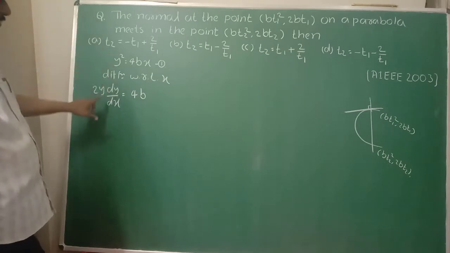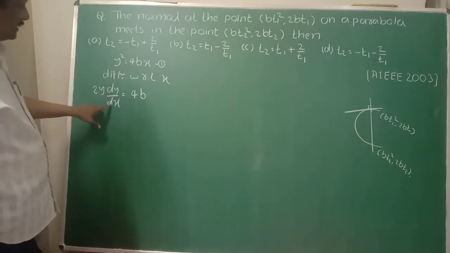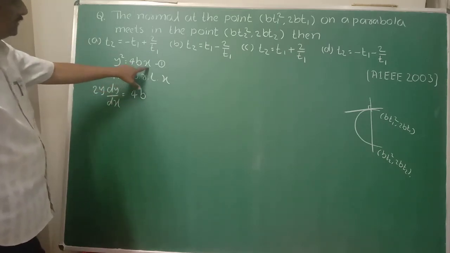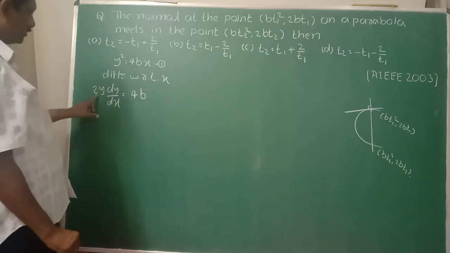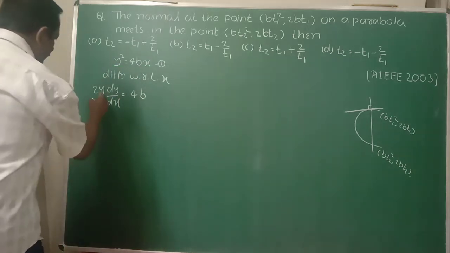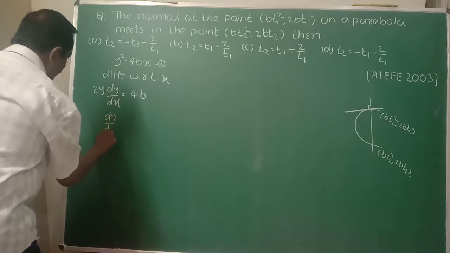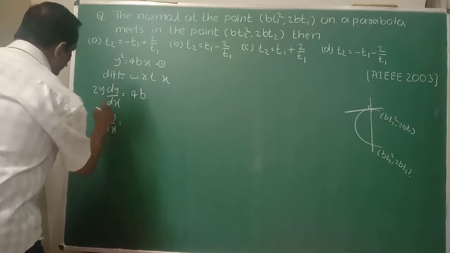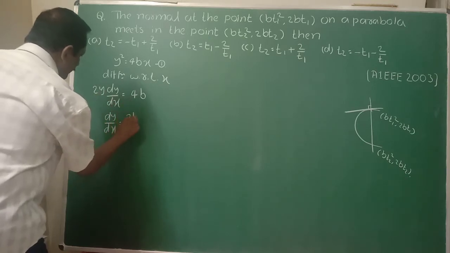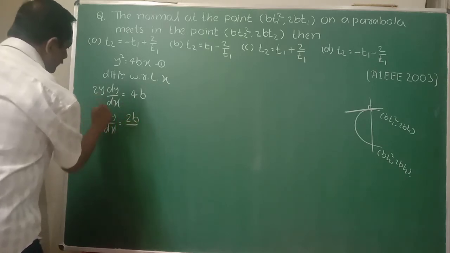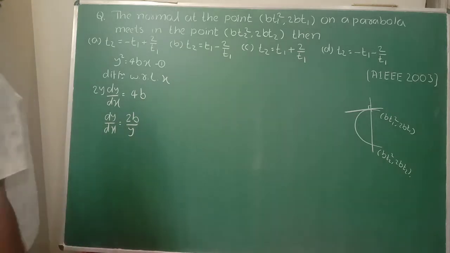Y square differentiates to 2y into dy by dx, is equal to 4b into the differentiation of x, which is 1. The 2s cancel. Take y to that side. Hence dy divided by dx is equal to 2b divided by y.